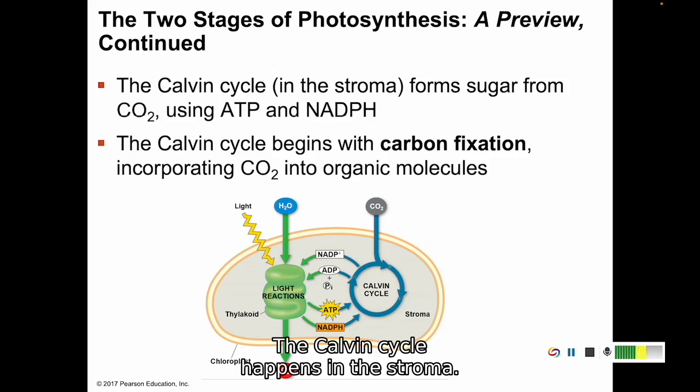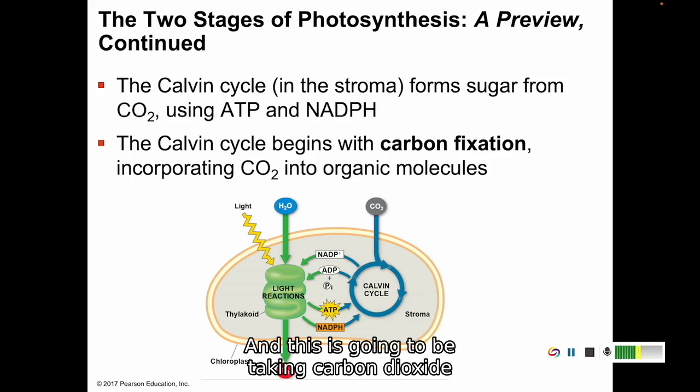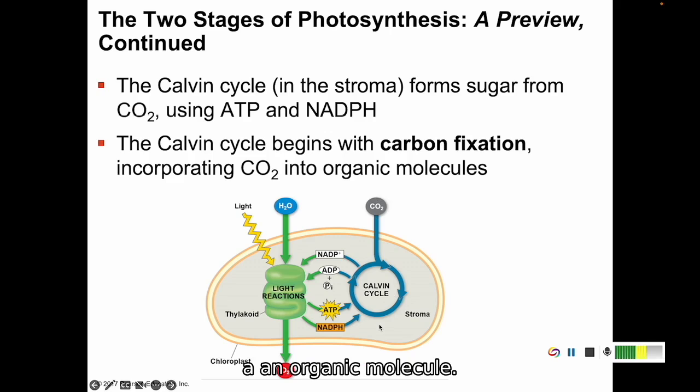The Calvin cycle happens in the stroma, so that's the liquid part of the chloroplast, and this is going to be taking carbon dioxide with its one carbon and fixing your carbon dioxide into an organic molecule.